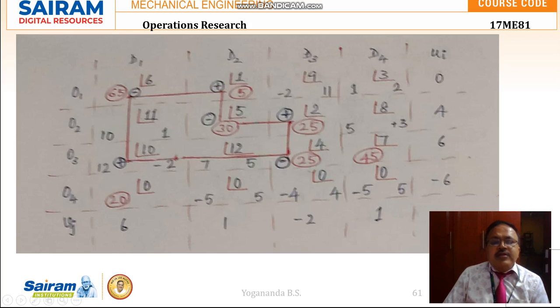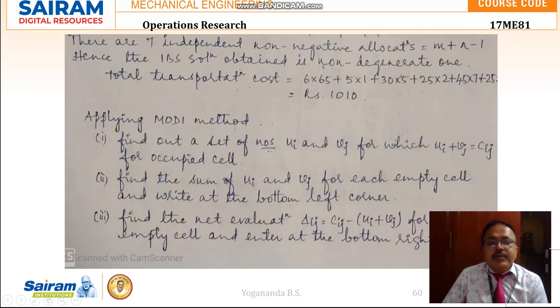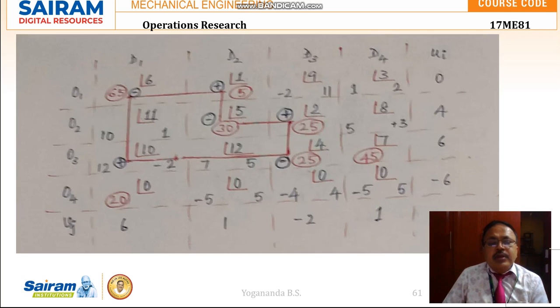So 9 minus of minus 2 becomes 11. 3 minus 1 becomes 2. 0 minus of minus 5 becomes 5. So we are writing the delta value, delta ij, in the bottom right corner of each empty cell.